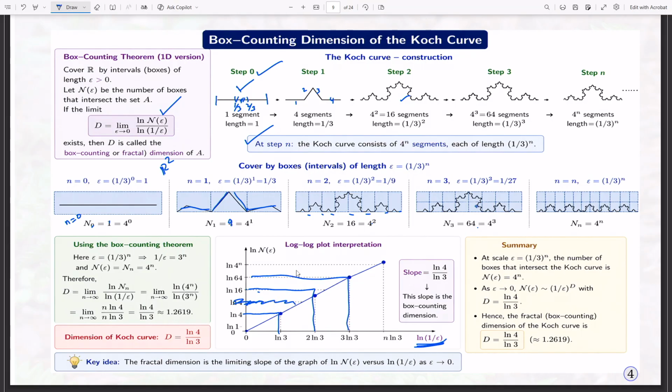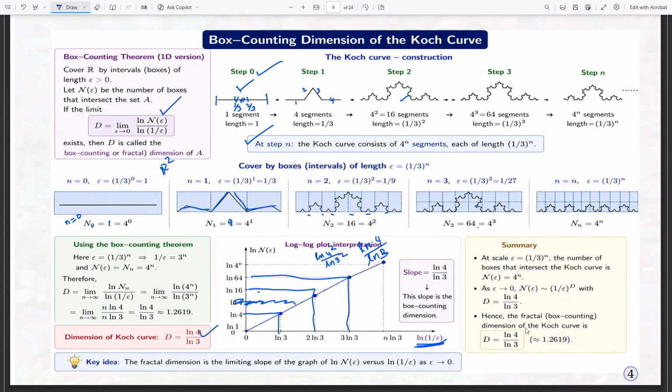Only ln 16 you can write as ln 4 power 2 by ln 3 power 2. So the 2 will cancel, giving ln 4 by ln 3 after the second iteration. So, the slope of this curve is ln 4 by ln 3. This is the box counting dimension of the von Koch curve.